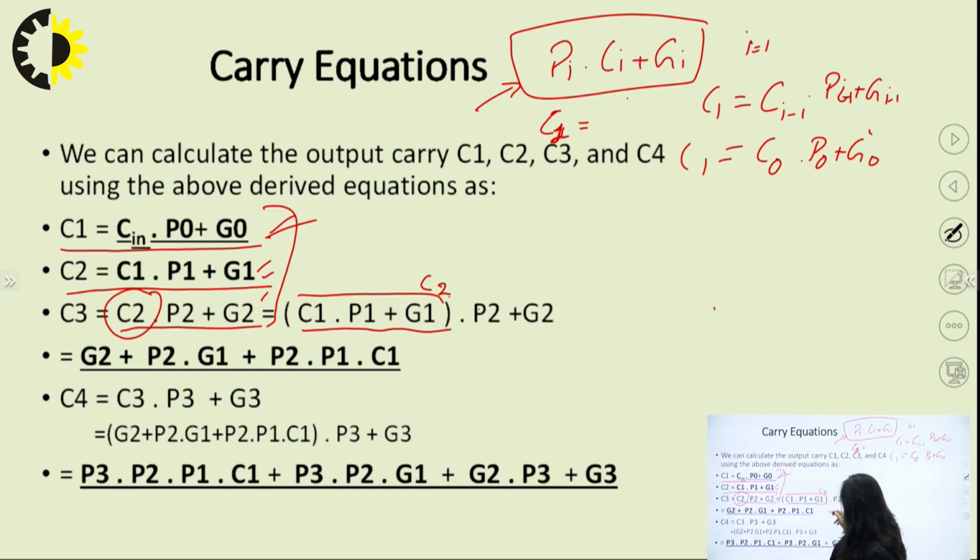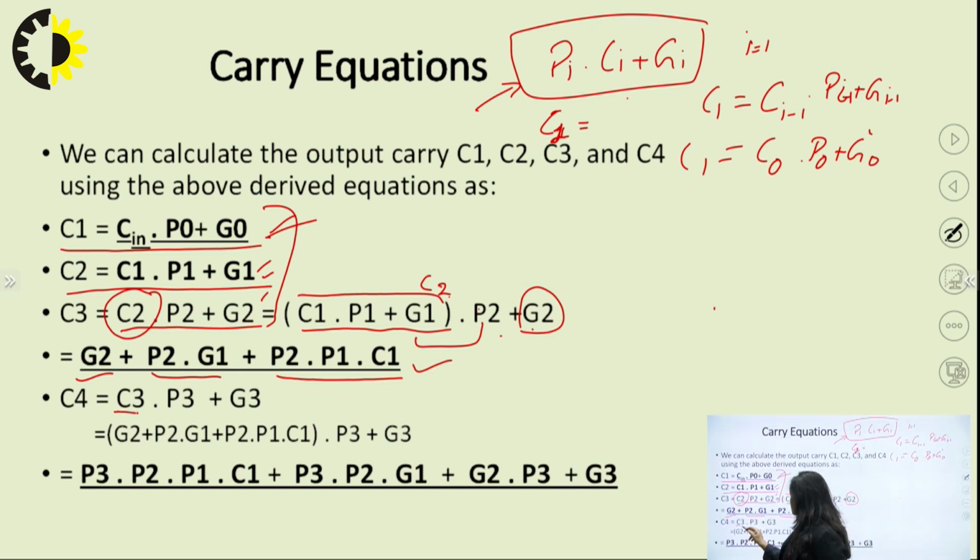Again elaborating this equation, G2 here, and multiplying P2 with the whole equation. So P2 dot G1, and P2 dot P1 dot C1. After applying P2, I have this final equation, and again the same with C4.